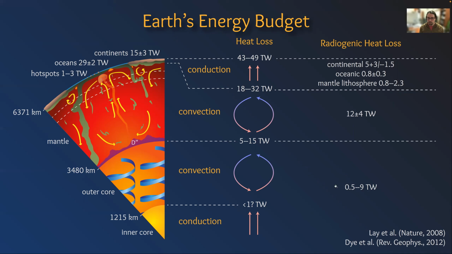We've got values between 0.5 and 9 terawatts within the outer core, about 12 plus or minus 4 in the mantle, and 5 plus 3 minus 1.5 in the continental lithosphere. The oceanic crust and the mantle lithosphere do not contribute significant amounts to the global radiogenic heat budget, but they do contribute a little bit.